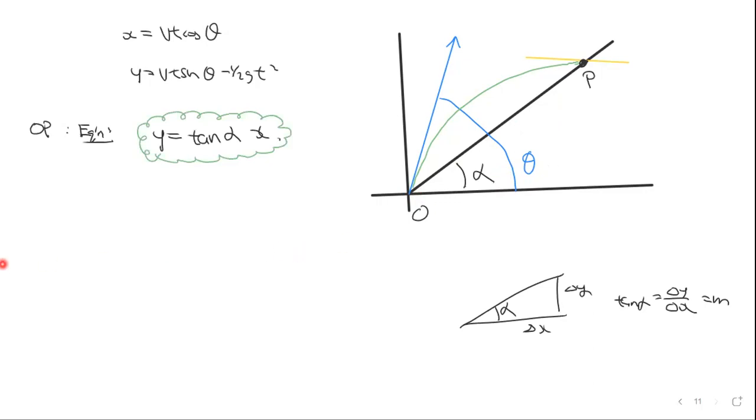Now, it strikes it here, so we might consider what point P is. If OP is length R, so if we let OP equal capital R, then this will be at some capital R cosine alpha, sorry, and R sine alpha.